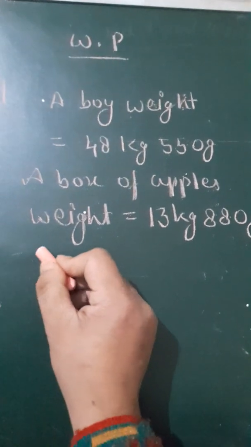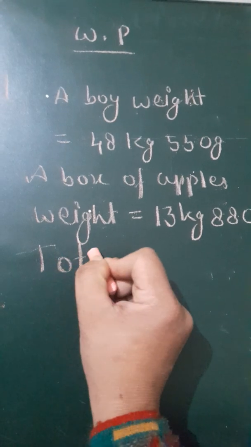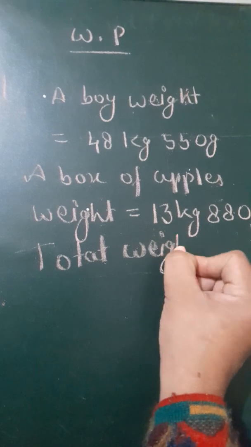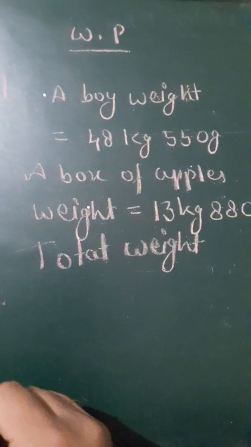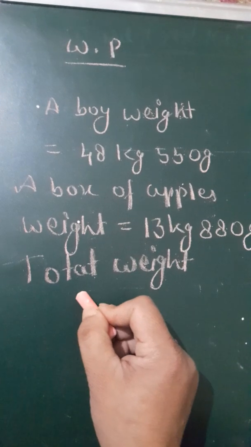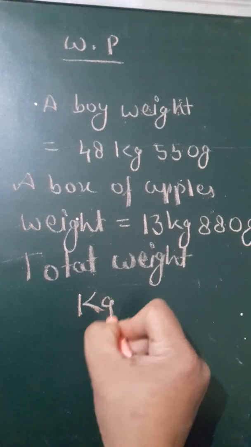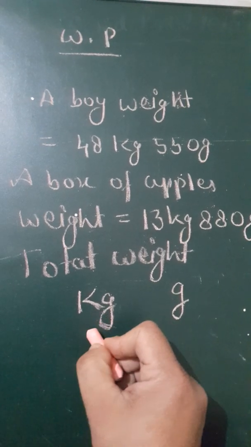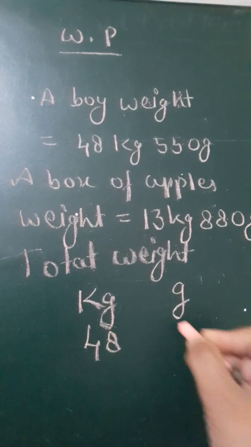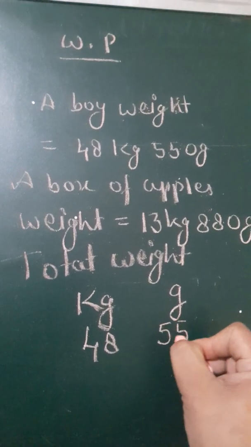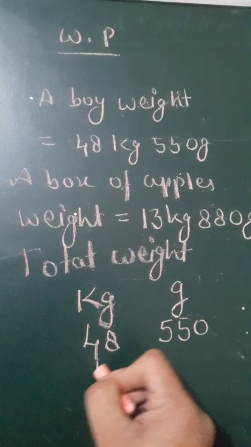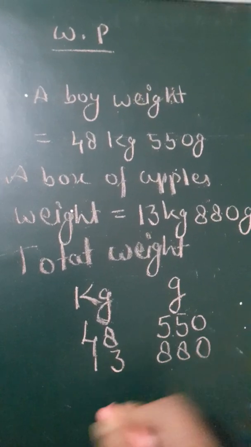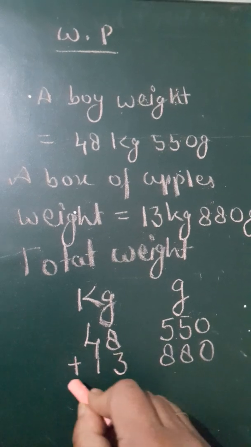So we have to find out the total weight. So we need to add. Now we'll write here kg and gram. So in the kgs column we have 48 and here 550. Now next is 13, here 880. Now we'll add together.